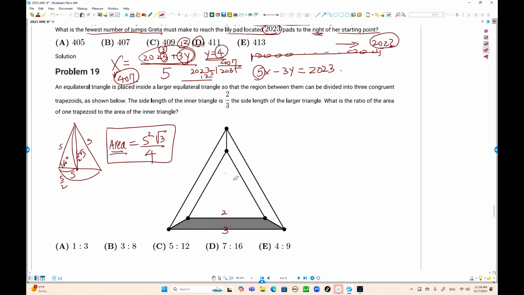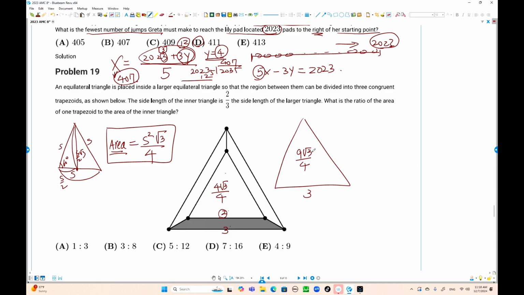How much here? s is 2, right? 2 squared is 4, root 3 over 4. The large one, this is 3. If this is 3, how much? 3 squared is 9, root 3 over 4.